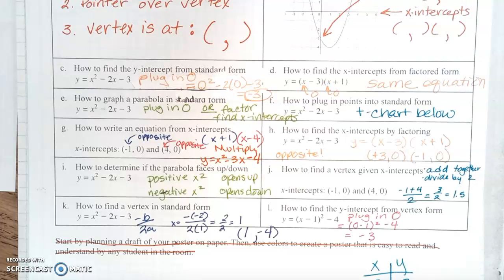We plug in 0 because it's a super easy number to plug in. What happens when you take 0 and you square it? You get 0. What happens when you multiply 0 times any number? You get 0. So 0 is an easy number to work with when we're talking about quadratics. So you would have 0 squared minus 2 times 0, so 0, 0, minus 3, which means your answer is negative 3. That gets you your y-intercept.